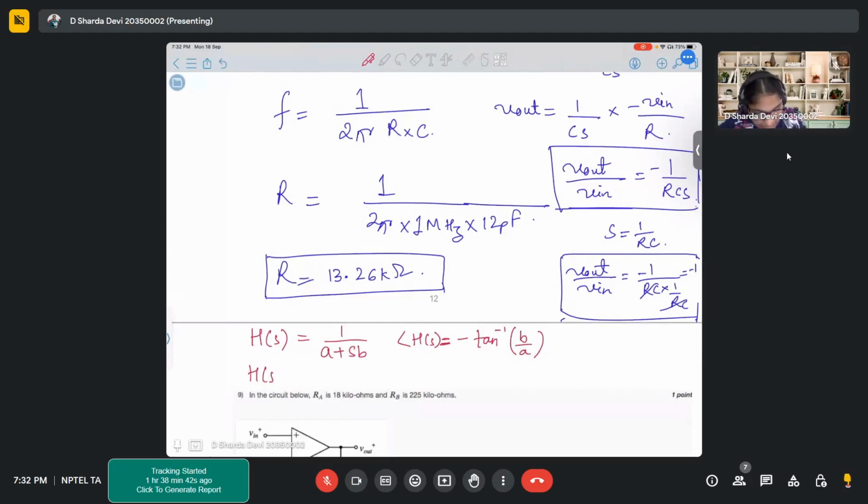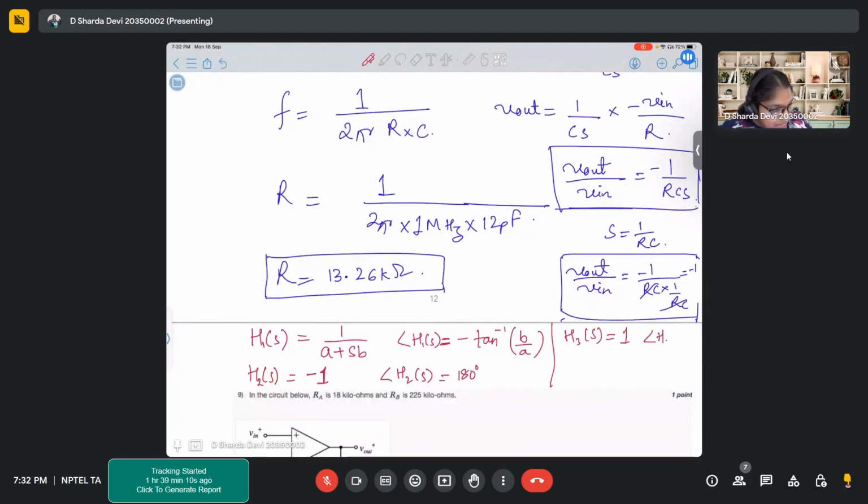Now h2 of s, let's say it is minus 1. If my h2 of s is minus 1, what is the phase of the system? 180. Yes, h2 of s is 180 degrees. Now let's say h3 of s is 1.